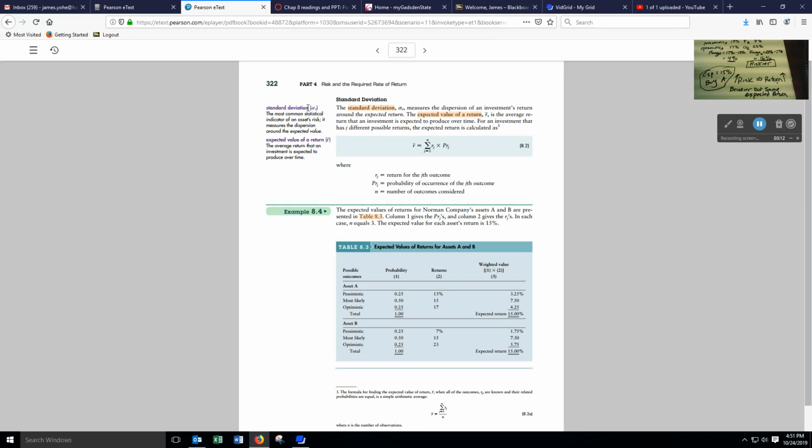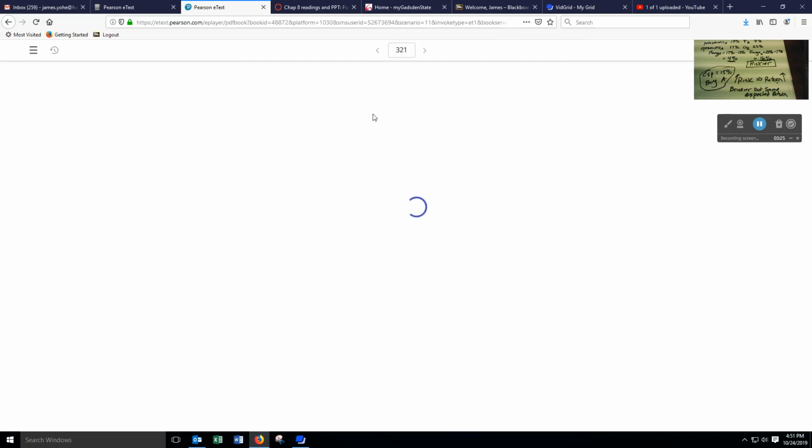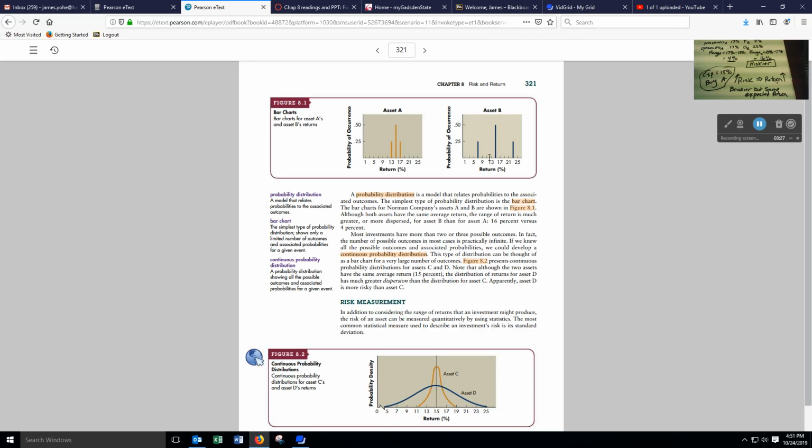So the standard deviation, the most common statistical indicator of an asset's risk, measures the dispersion around the expected value. If we go back to that previous picture here, you can see that in both cases, the blue asset, here it's asset B, is more widely distributed around that mean.